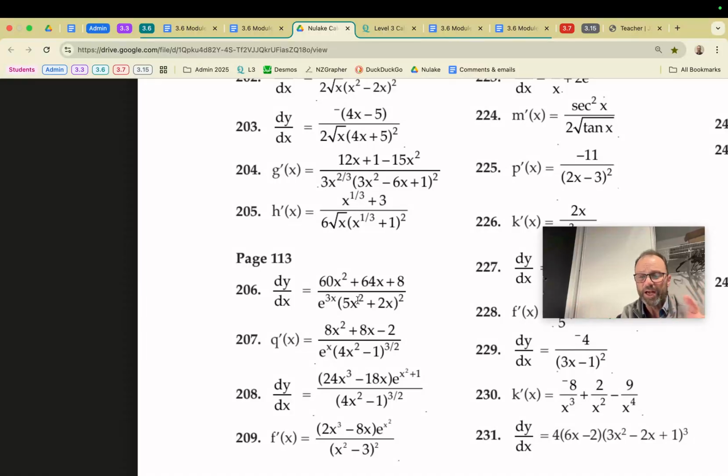But here you could argue it is a very neat, elegant solution as would be required by textbook NuLake. That said, if you're going for merit or excellence in the external, you should be in a position where you're starting to really challenge yourself to algebraically get it to this level. And it just comes with a lot of practice, and you'll get there.